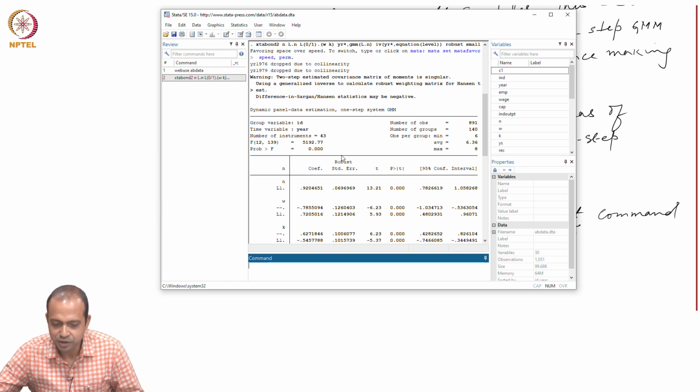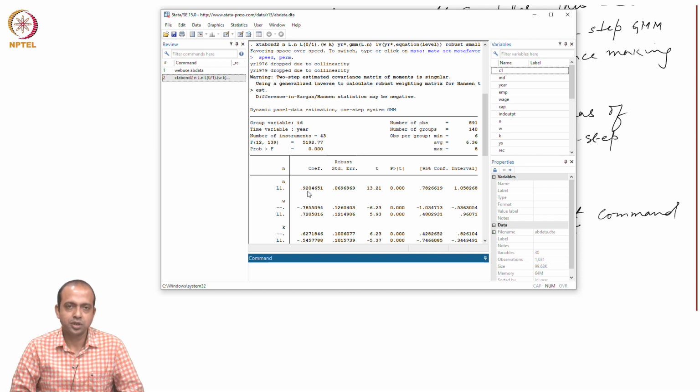This is one step, and what is the coefficient? Coefficient is 0.92, and 0.92 means, as you can recall, it is lying well within the interval of 0.74 and 1.04, right. So, that criteria is fulfilled. Okay.